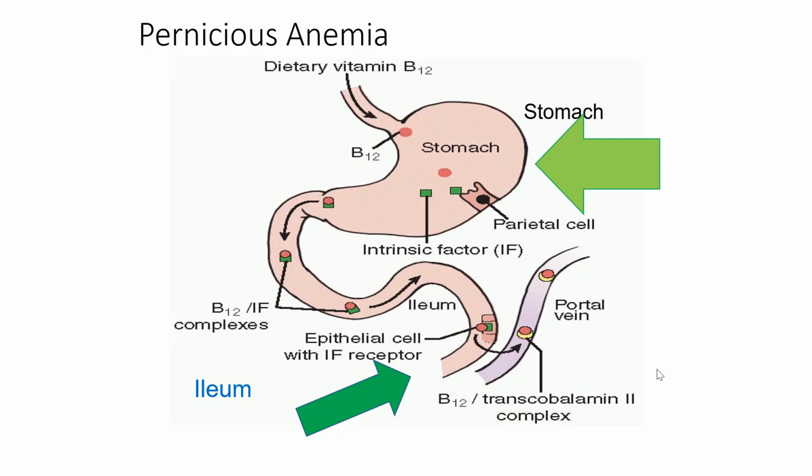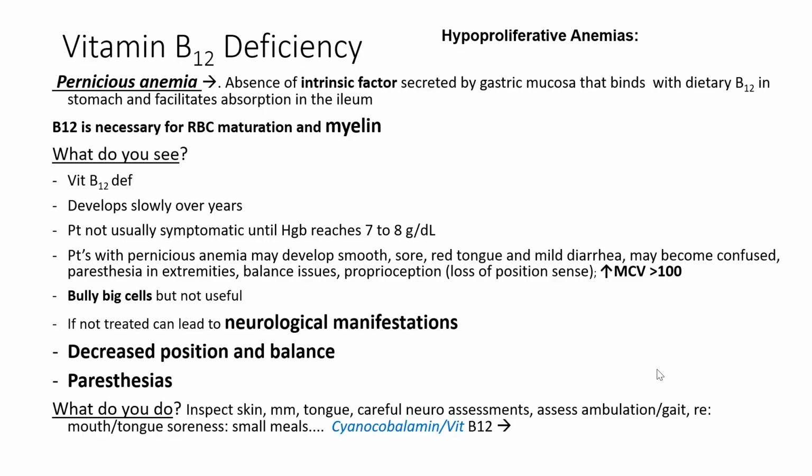And when you have loss of the intrinsic factor, you cannot absorb vitamin B12. And it also needs to be packaged up, the combination of B12 and the intrinsic factor, in the ileum. So patients who have lost part of their stomach or part of their small intestine are at high risk for pernicious anemia and need replacement.